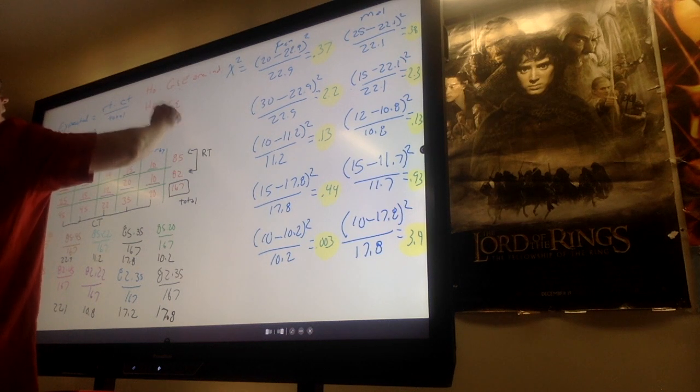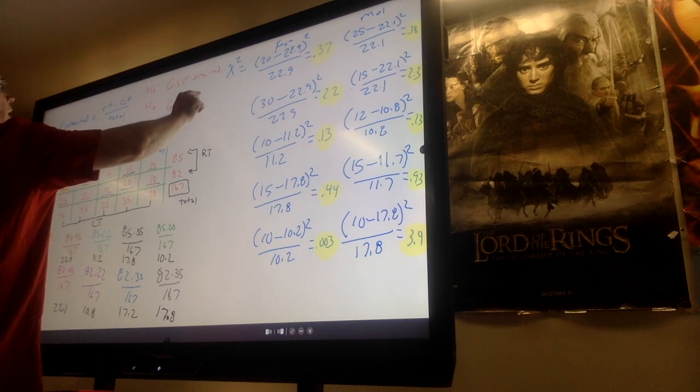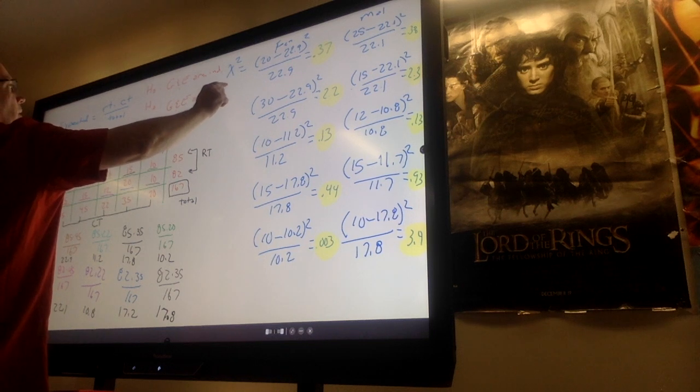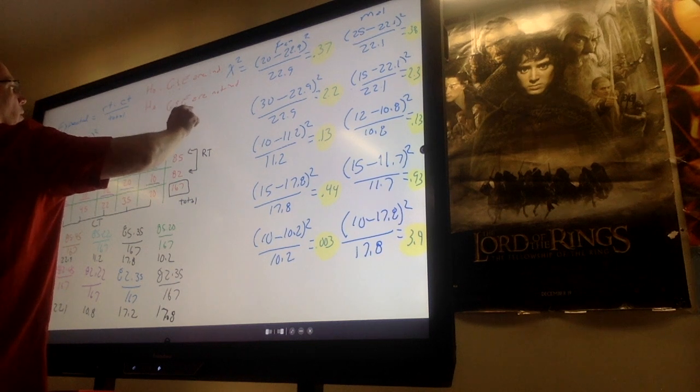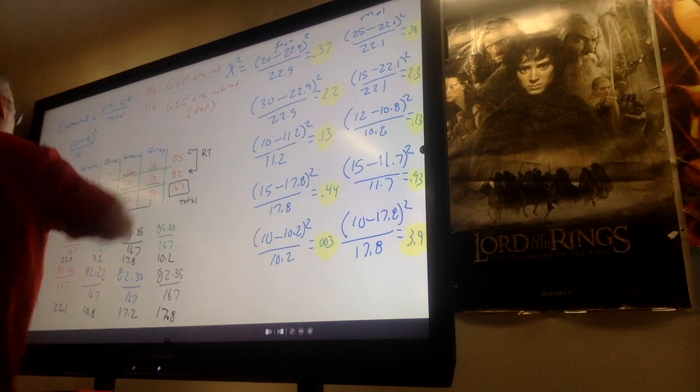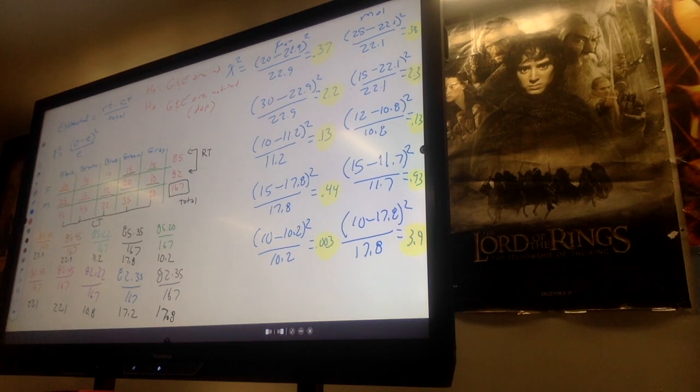Our alternative is that gender and eye color are not independent, so this falls under dependent. That's our whole contingency table. You probably won't have a 2x5, you'll probably have a 2x3 matrix.